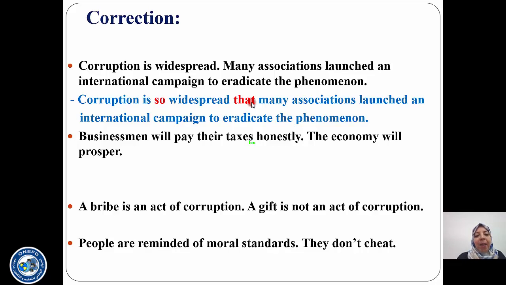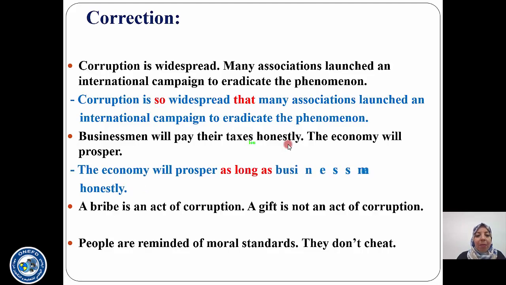Businessmen will pay their taxes honestly. The economy will prosper. Okay, so the logical function you feel that is expressed between these two sentences is condition. So, which one is the condition?